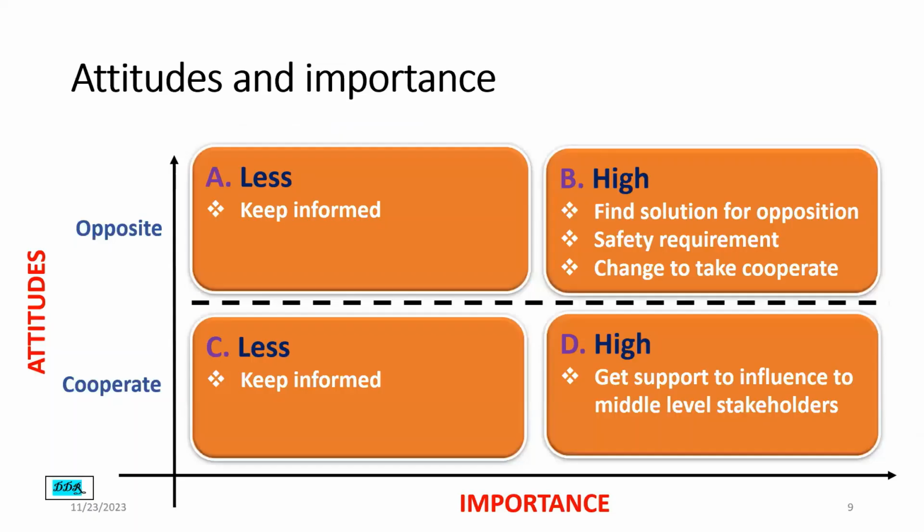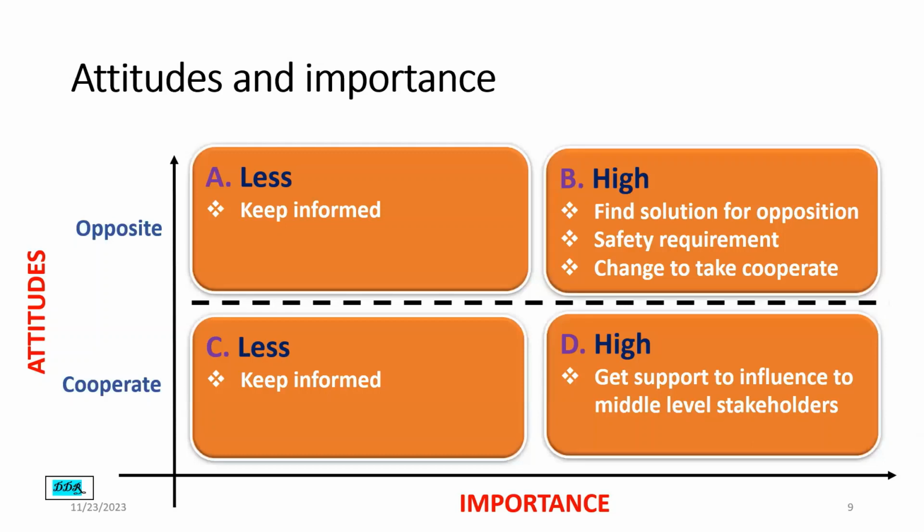And now let's see the attitudes and importance matrix. Here, a group of people in category A have less opposition but are less important. And people in category B have high opposition and high importance.